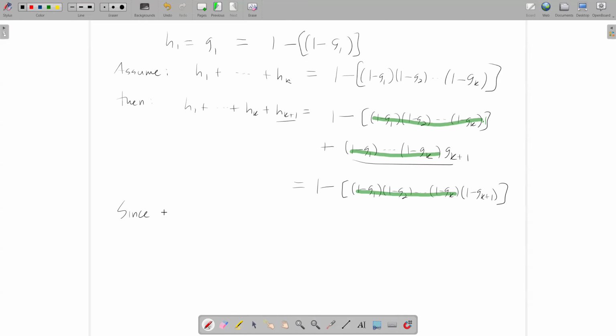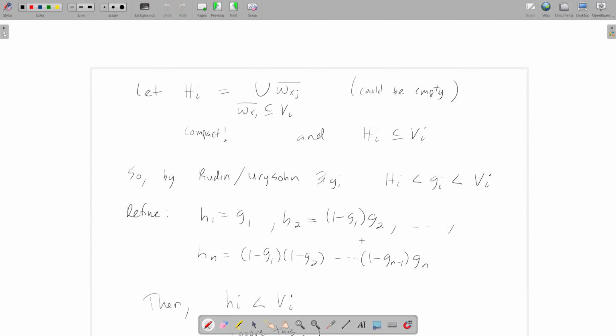Since K is a subset of H1 union out to Hn, remember how we constructed the Hi's? We constructed them like this. We take all these W's that are contained in Vi.